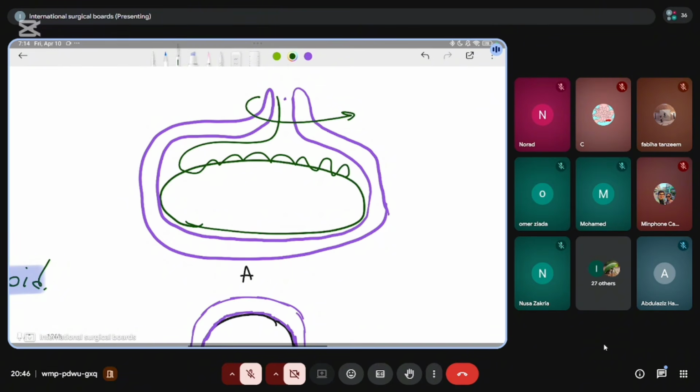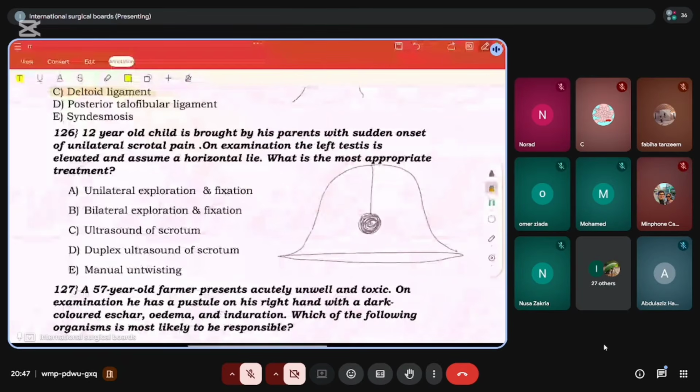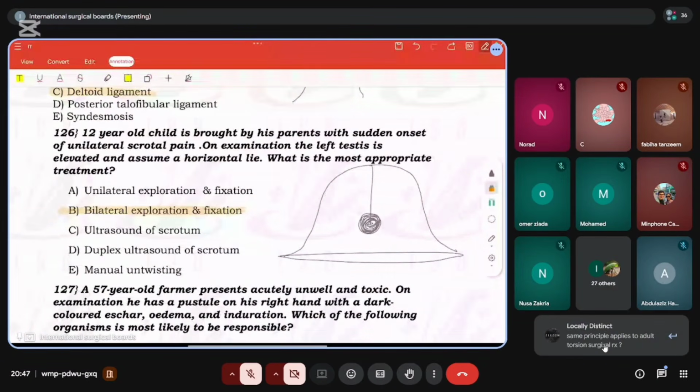Okay? So in this case, we need bilateral exploration and bilateral fixation. The same principle applies to adults.